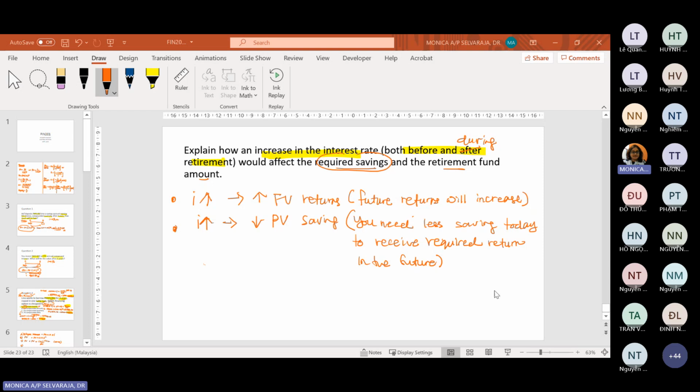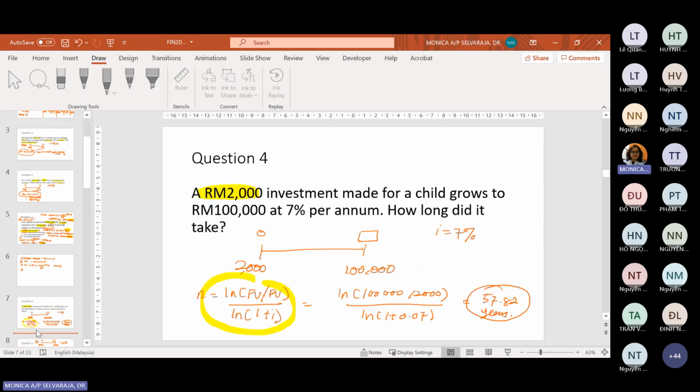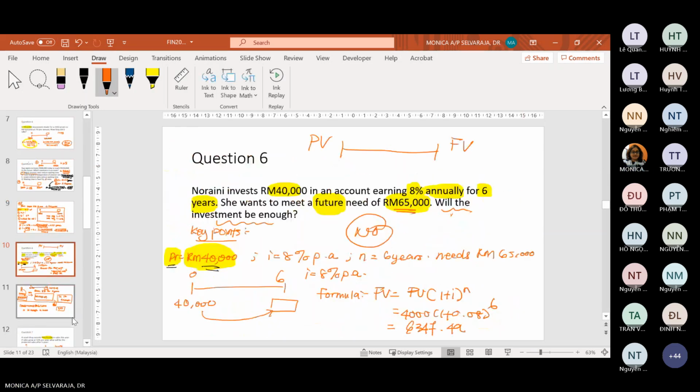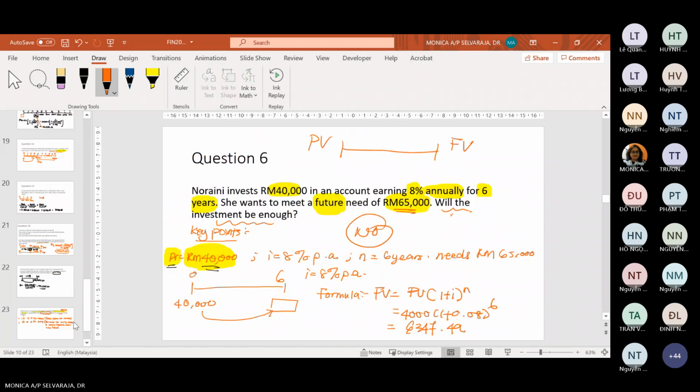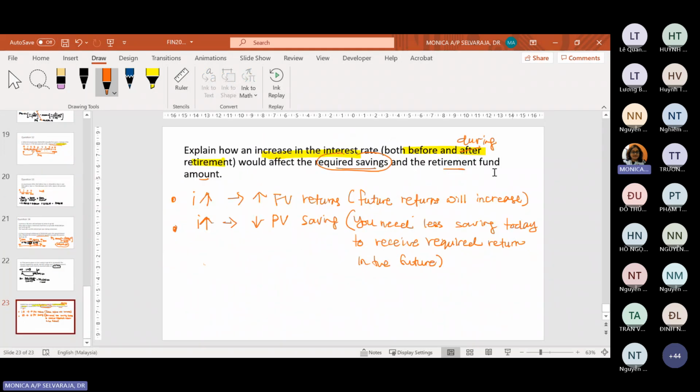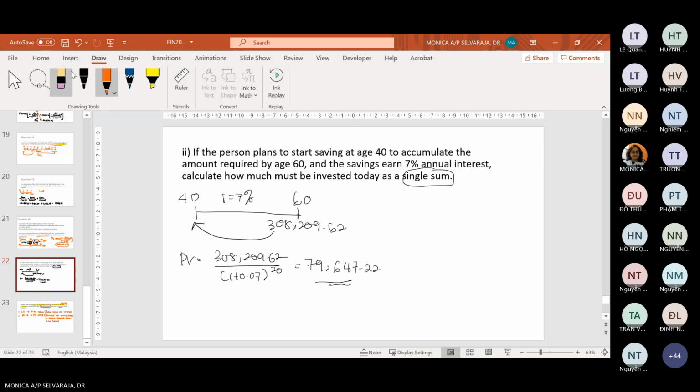Okay, wait. What is single sum in the last question? Single sum. This one. What is single sum? One amount. What is the single amount I need to invest?